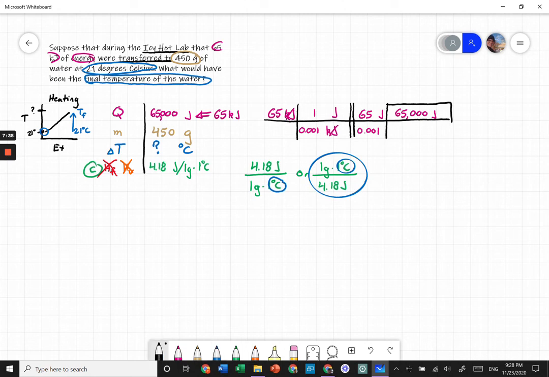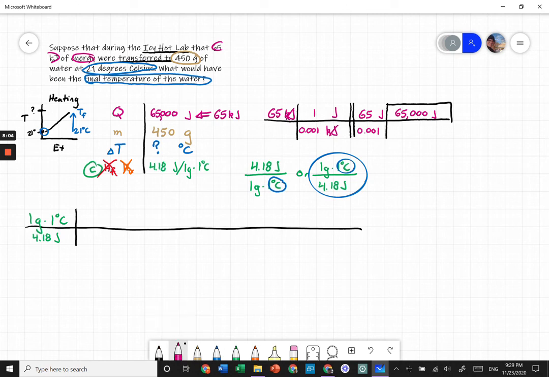So I'm going to draw my ladder down here. I'm going to start off with that fraction with the unit I want on top. 1 gram times 1 degree Celsius requires 4.18 joules of energy. At this point, I'm going to start off with the top of my table, and work my way down with those units. So I know that I have 65,000 joules.